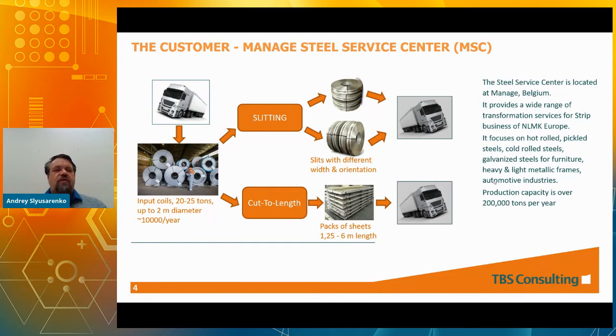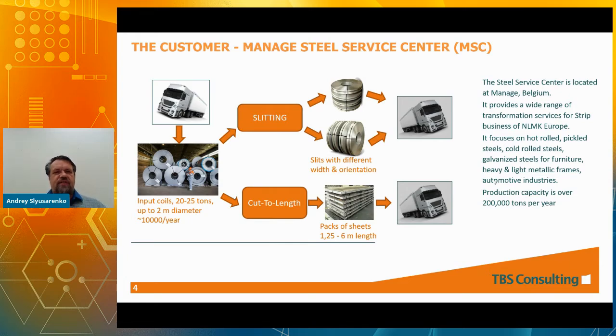Such a coil can have up to 2 meters of diameter and a weight of more than 20 tons. The customers, of course, don't need such big quantities. They need particular sizes of these sheets for their processing needs.